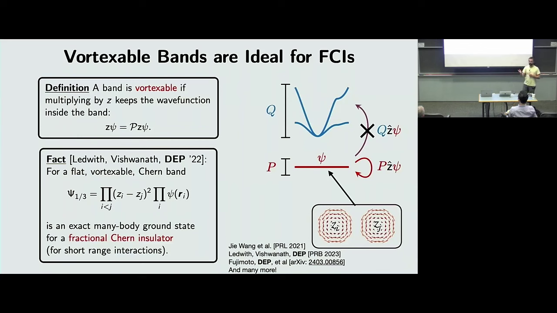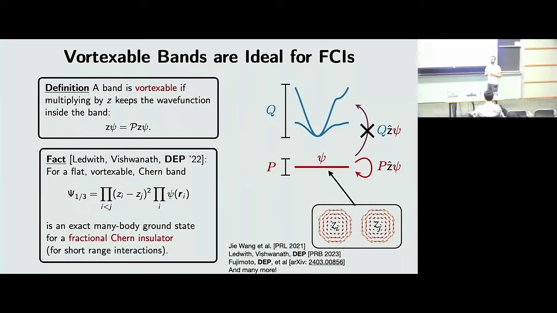If you start with a vortexable band, it's also a flat Chern band, you can write down a generalized Laughlin wave function, and under reasonable conditions, this will be the exact many-body ground state. So if you have a Chern-1 vortexable band, this will allow you to have a direct analog to the lowest Landau level with all of the Laughlin and Jain and other fractionalized physics that that normally has.